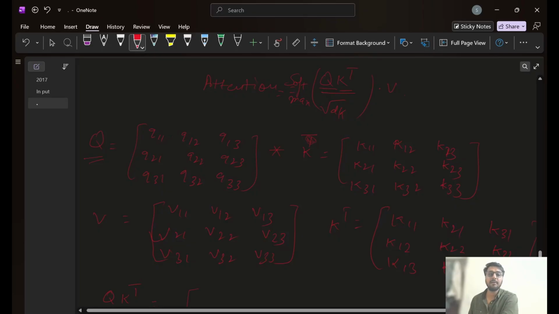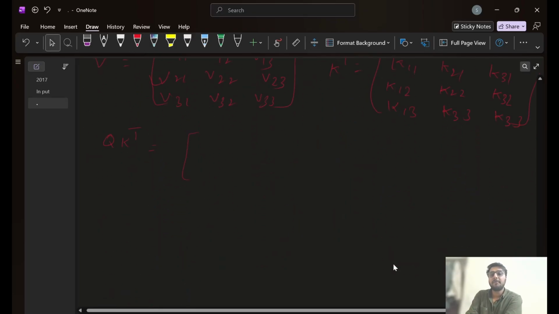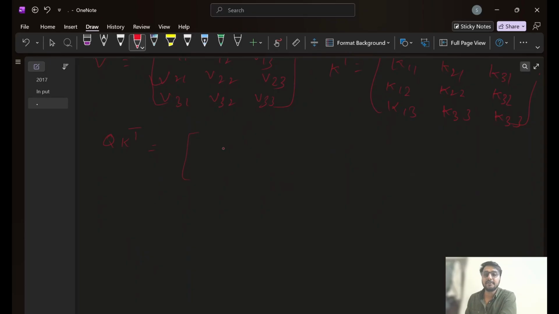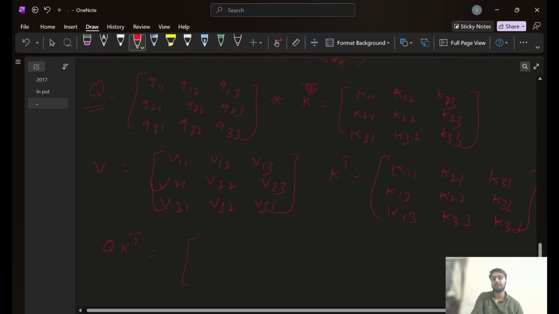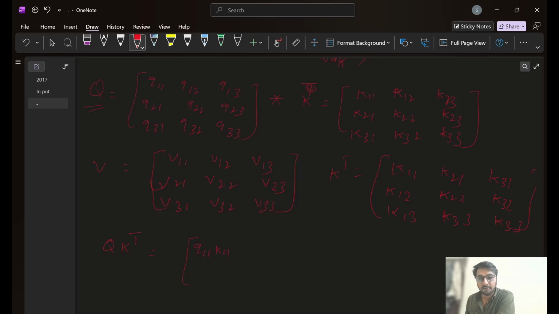We multiply this, and after multiplication we get query multiplied by K transpose.